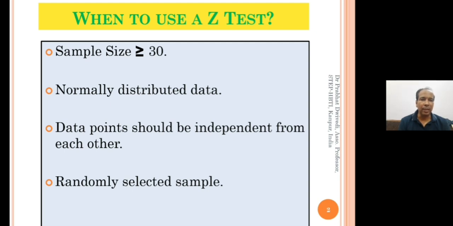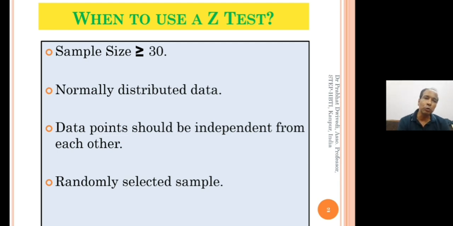I would like to remind you once again about the conditions for Z-test to be applicable. Sample size should be greater than or equal to 30. That means for large samples, the population should be distributed normally. Data points in that population should be independent.